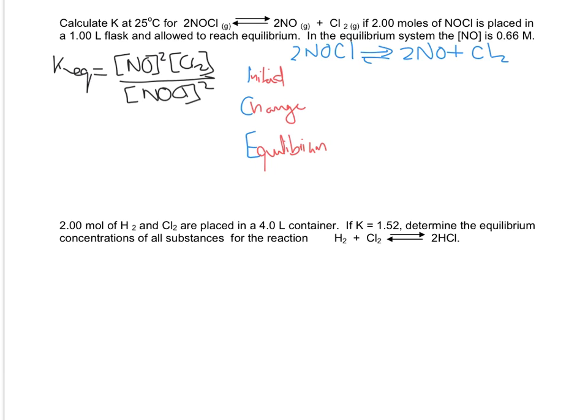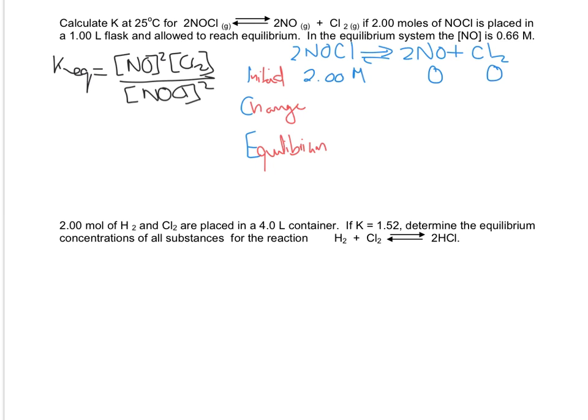Initially, it tells us that we have 2 moles of NOCl in 1 liter, so that's 2.00 molar. Your products at the beginning of the reaction are not there. You have 0 products. You haven't started your reaction yet, so this is 0, and this is also 0.